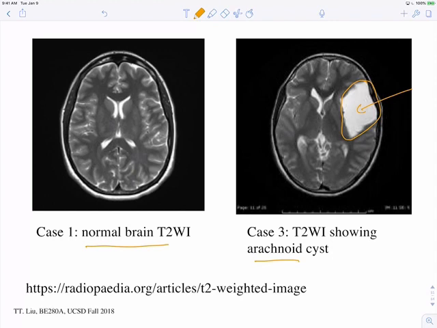This person obviously has a problem with their brain, but we're not trying to figure out what's wrong with it. We're just asking, from a physics point of view, in this part of the brain where it's very bright, and this is a T2 weighted image, is the T2 longer or shorter than in a normal part of the brain? Go ahead. Oh, okay, you were just stretching. Sorry.